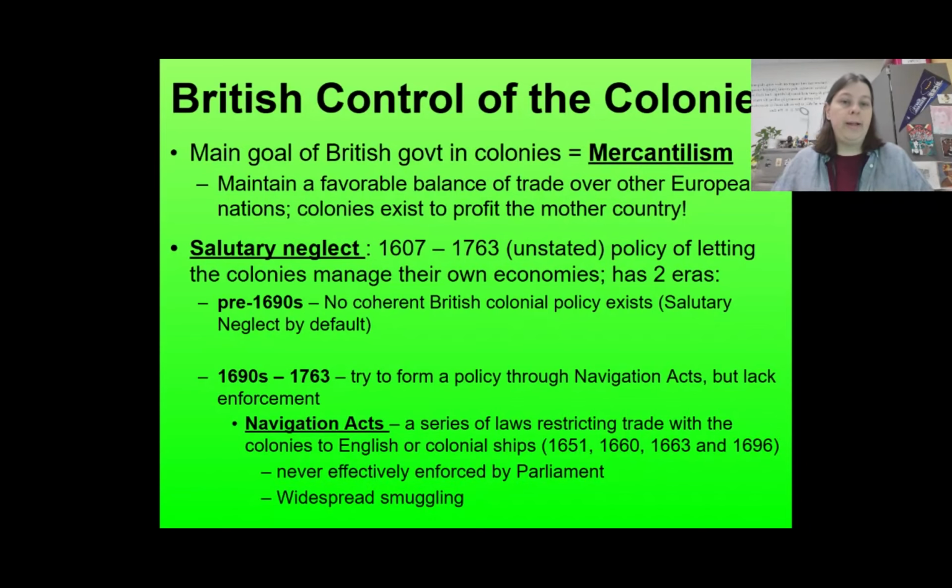So a favorable balance of trade is what this is called. And the best way to achieve that, theorizes mercantilism, is to get colonies. You get colonies, you can take all of their raw goods, you can sell them stuff, right? So they're like a captive audience. And the colonies solely exist to be an economic benefit to the mother country.